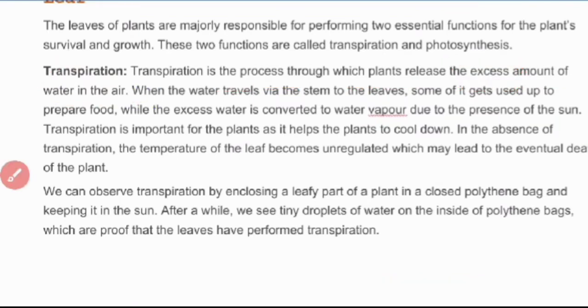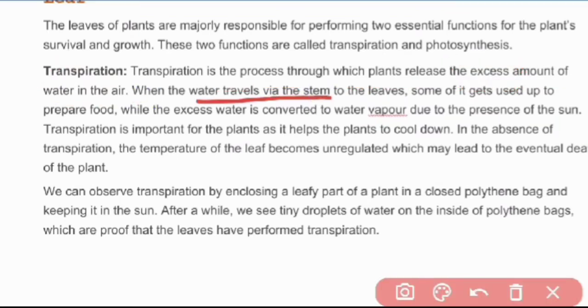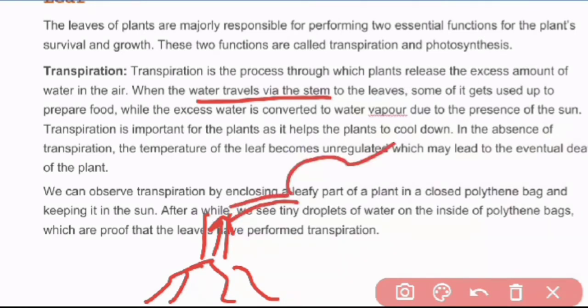Now when the water travels via the stem to the leaves, you know that very well, the water is traveling from the roots upward, and the stem is the part of the plant which is performing this function of conducting the water from roots to other parts of the plant. Now when this water reaches the leaves, leaves are also the parts of the plant which need water for a lot of purposes, for example to make the food.